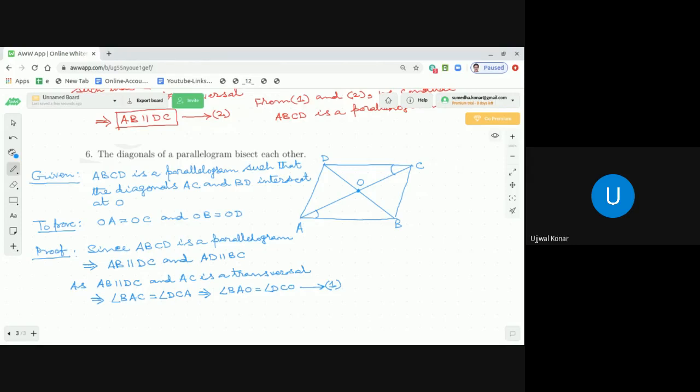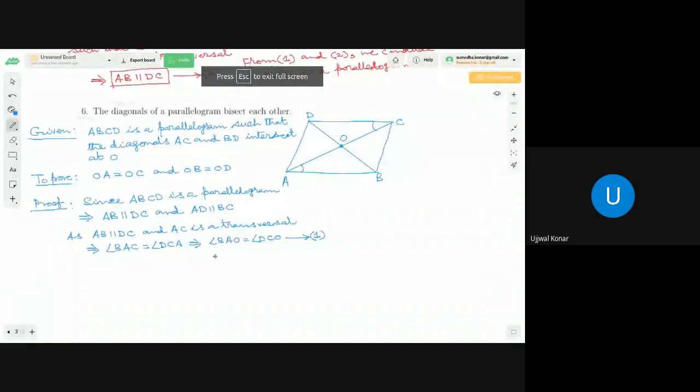Now, let's come to another statement, dear students: AB is parallel to DC and BD is a transversal. Okay, so I'm just going to write it down here.